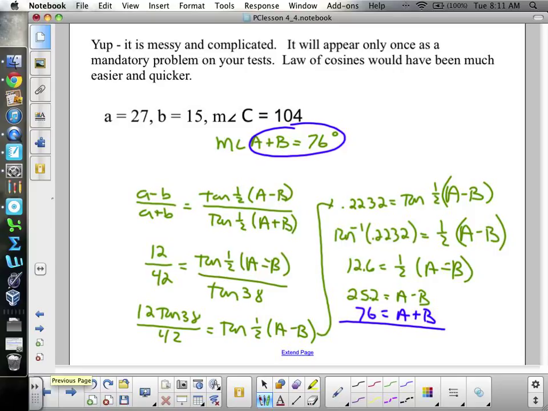When I add the equations, I get 2A equals 101.2. So divide by 2, 50.6. Yes, 50.6.